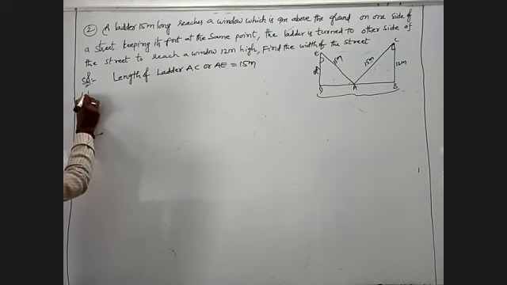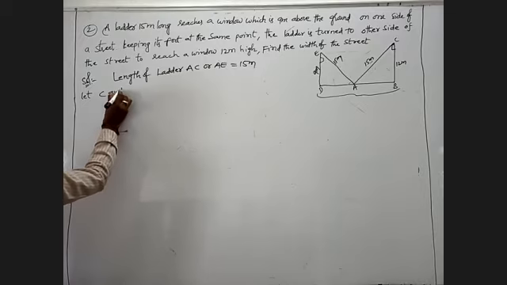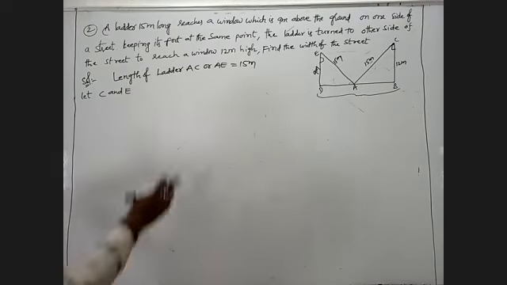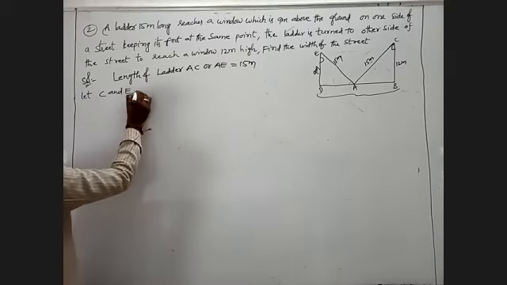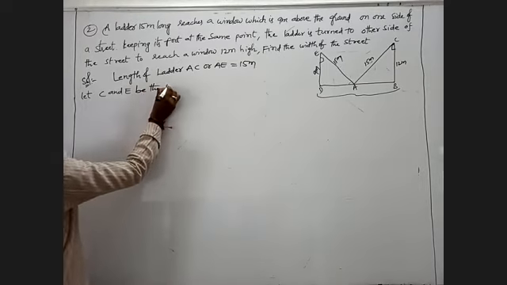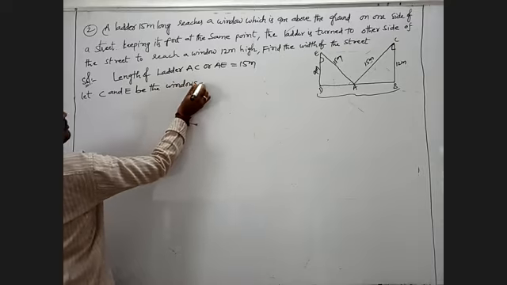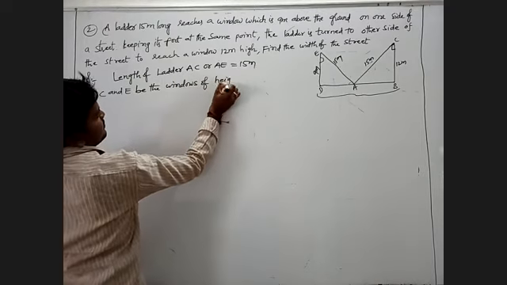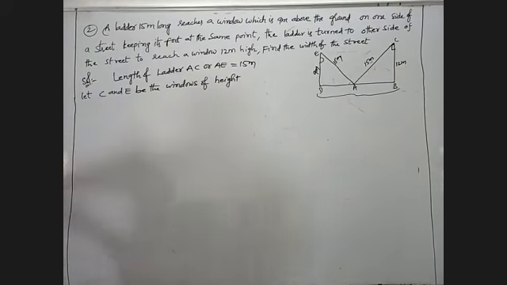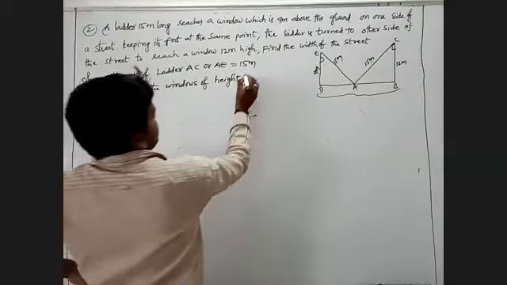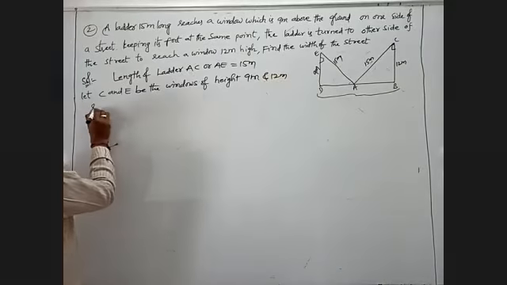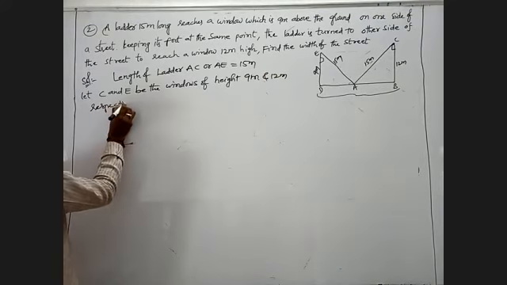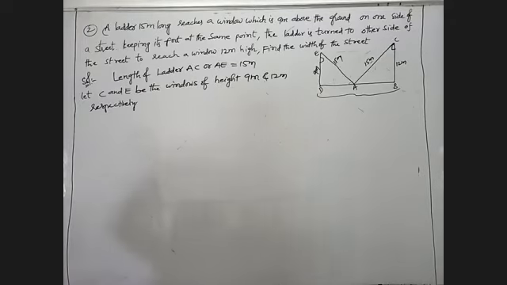Let in the given figure C and E be the windows of height 9 meters and 12 meters respectively.